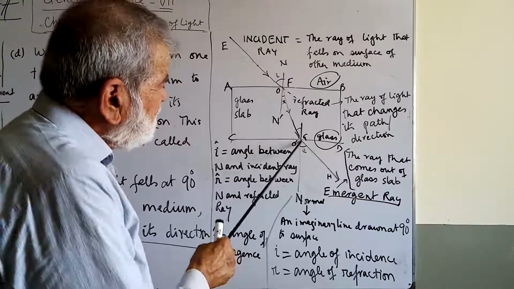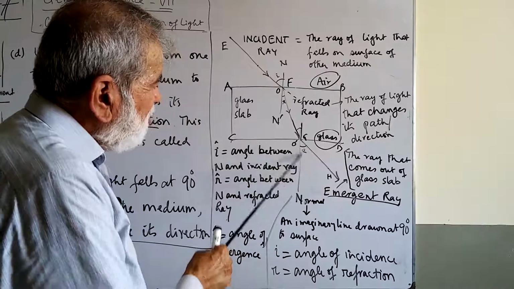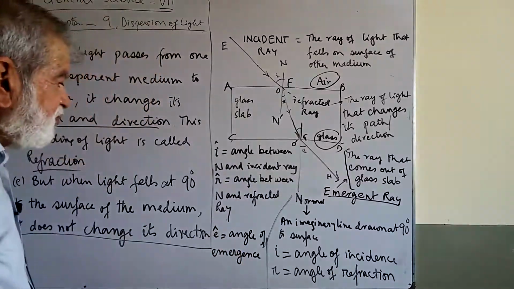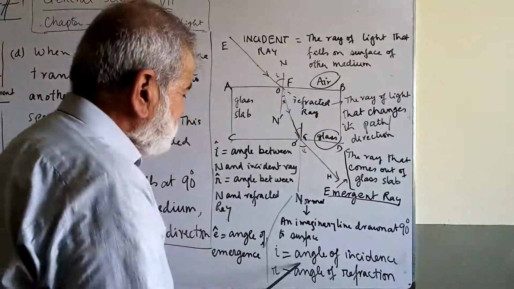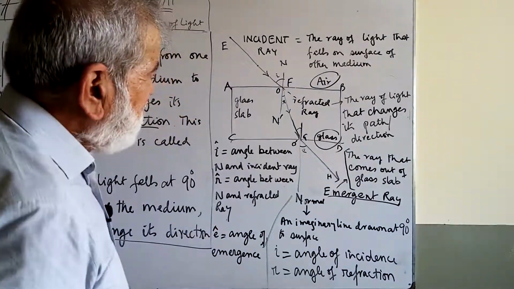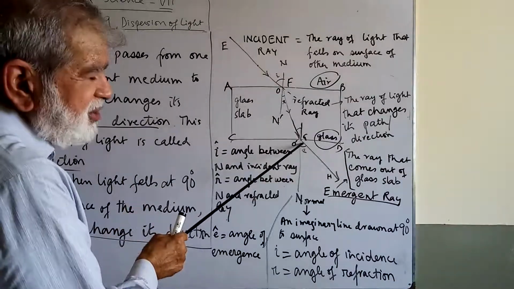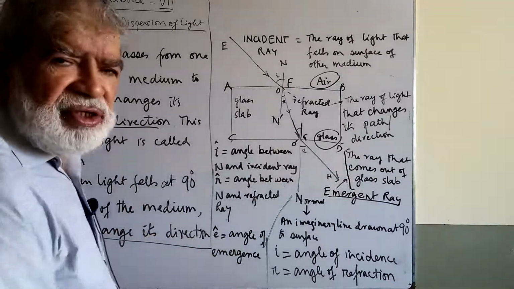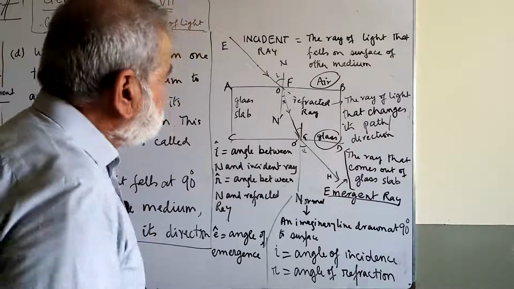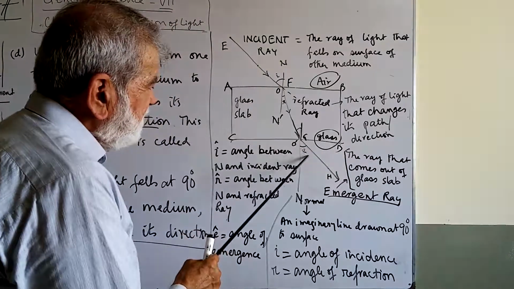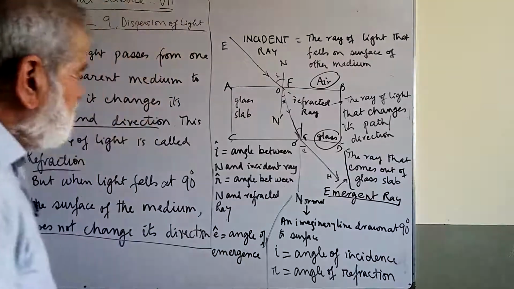The angle which the emergent ray makes with the normal is known as angle of emergence. So EF is the incident ray, FG is the refracted ray, GH is the emergent ray. I is the angle of incidence, R is the angle of refraction, E is the angle of emergence.